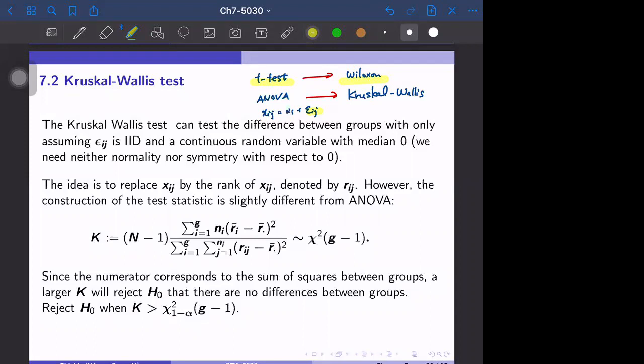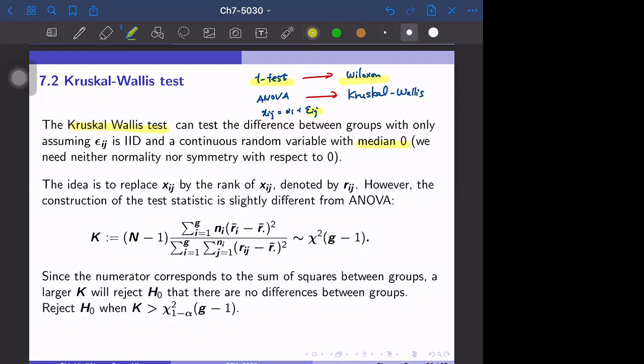The Kruskal-Wallis test can test the difference between groups while only assuming the epsilon_ij's are independent and identically distributed and continuous. But we don't have any assumption on the median, or even the mean, and no distributional assumption.